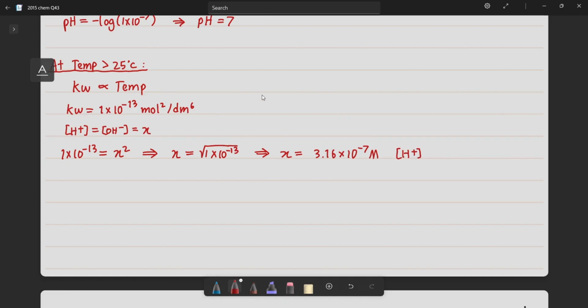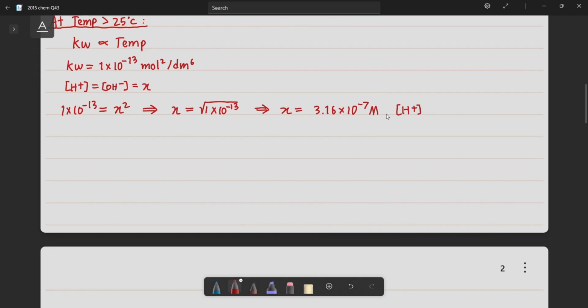Since we are talking about pH, we are going to ignore the OH concentration and only take into account H plus. So pH is equal to minus log of 3.16 times 10 to the power minus 7. This gives us a pH of approximately 6.5.